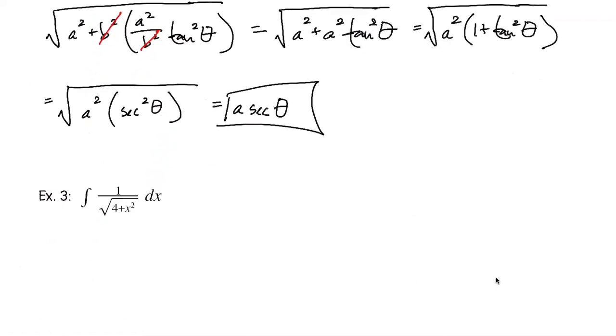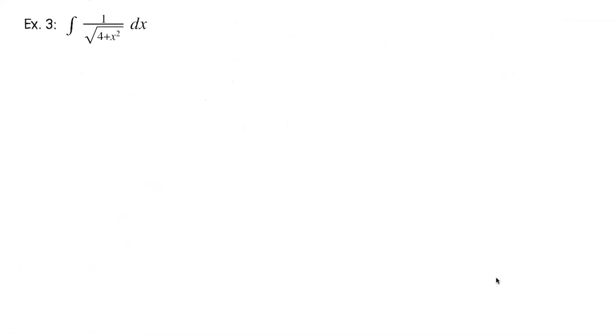So let's go ahead and take a look at example number 3. So I see the 4 plus x squared. It's not a 4 minus x squared, it's a 4 plus x squared. And so what that allows me to do is use the following substitution.